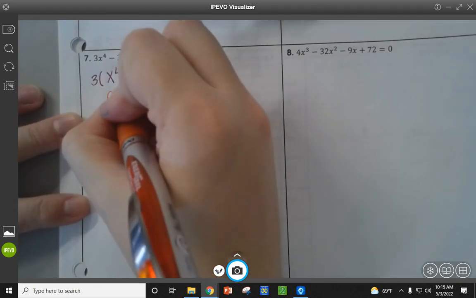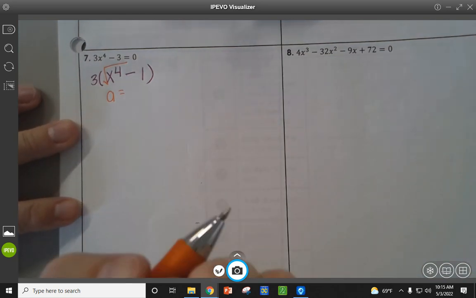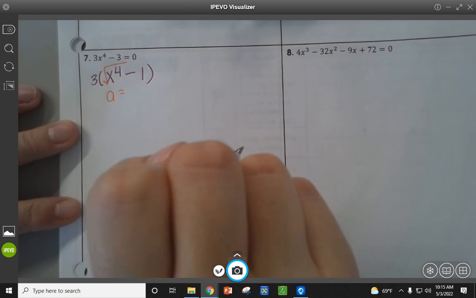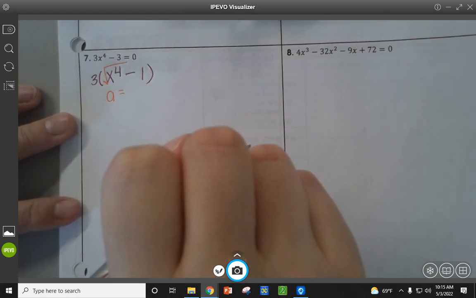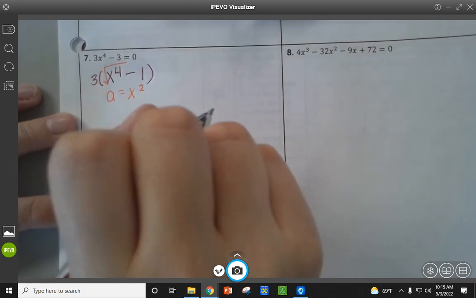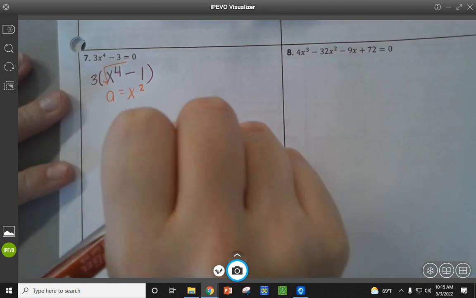So a is the square root of x to the fourth, which is not x. It's x squared. Remember, we divide the exponent by 2 when we're taking a square root.